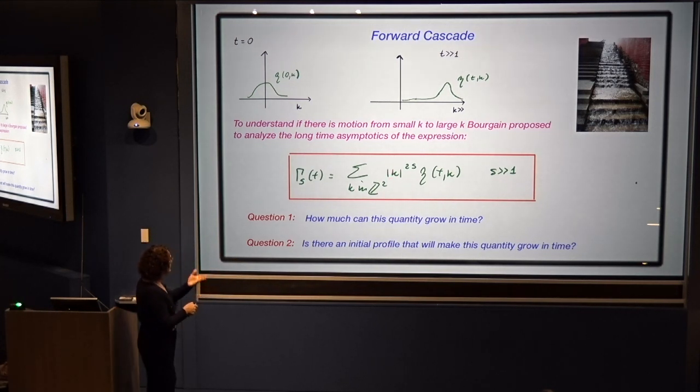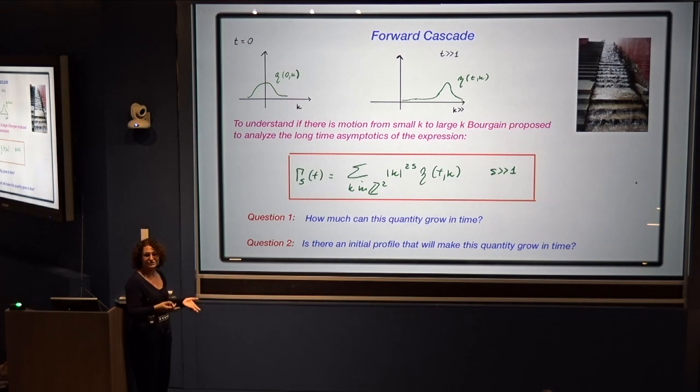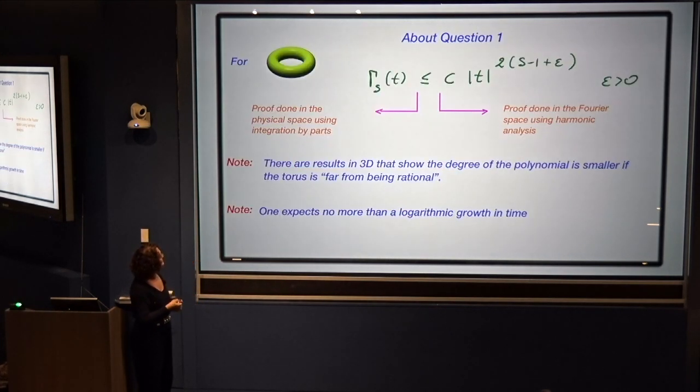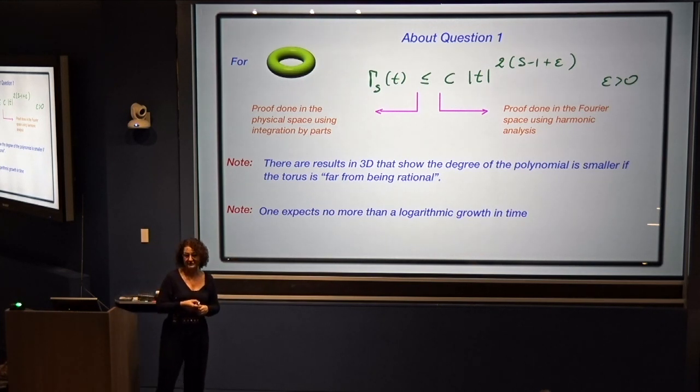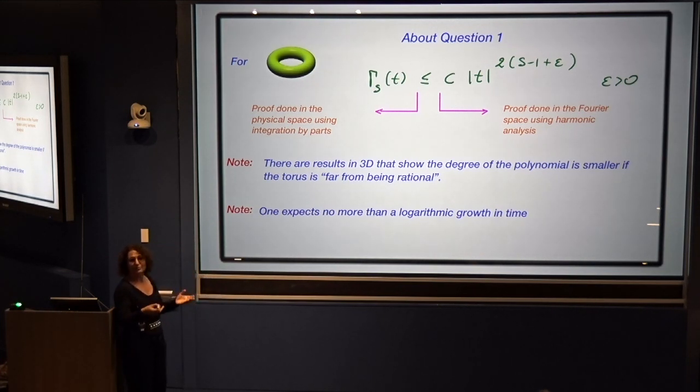Now, for people that know about Sobolev spaces, this is nothing else than the H^s norm squared. So this is the Sobolev norm. So the first question: how much can this quantity grow? The second question: are there initial data for which this quantity actually grows? And believe it or not, both questions are not solved yet, but there are some estimates.